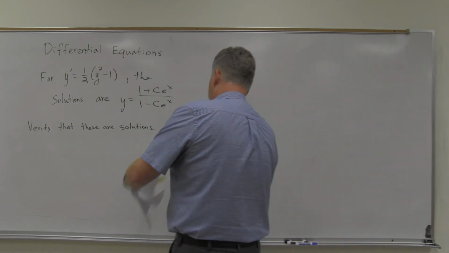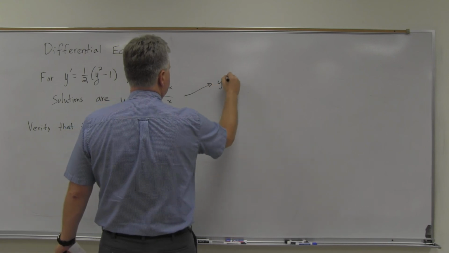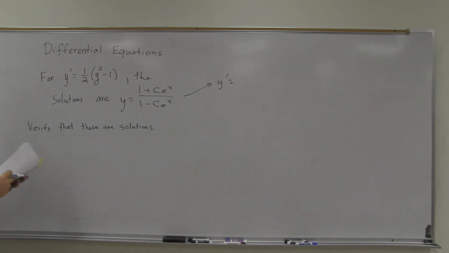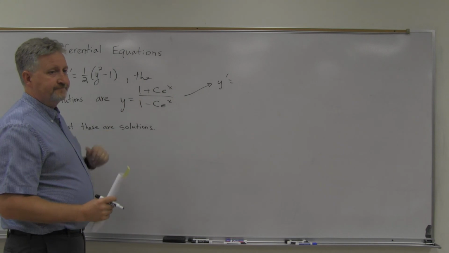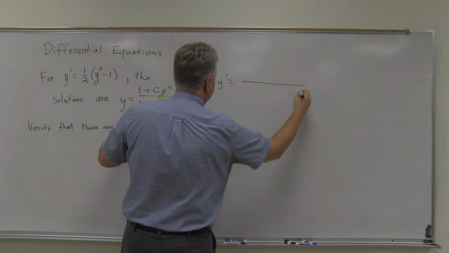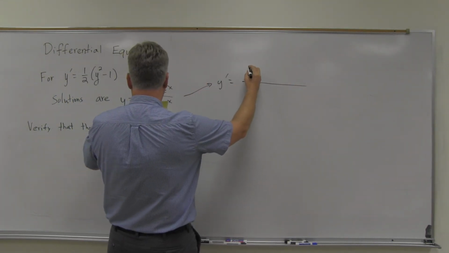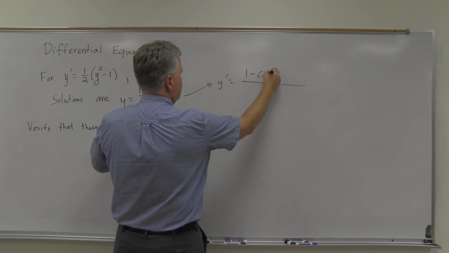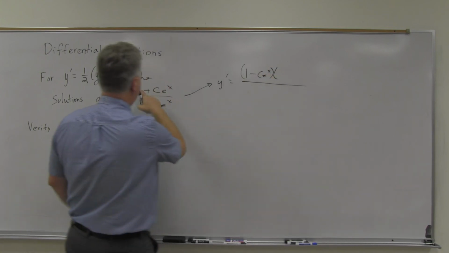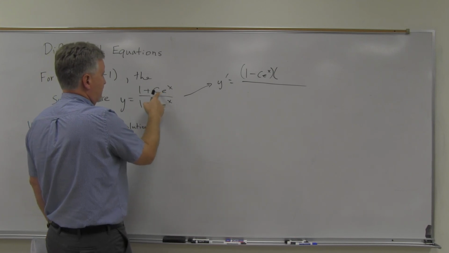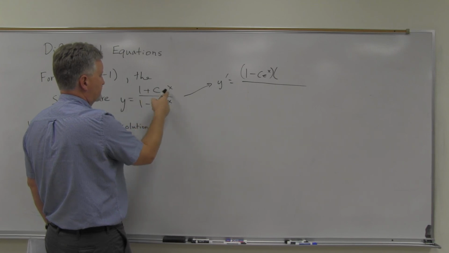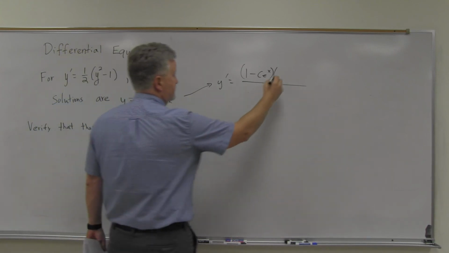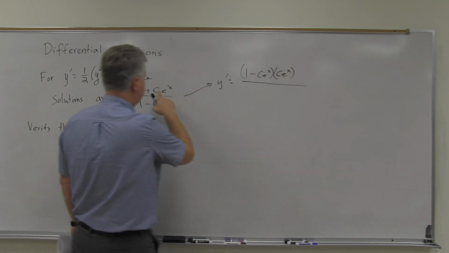So what's my first derivative for these solutions? Well, that's a little complicated, but that's okay. It's the quotient rule, isn't it? Low d high minus high d low. So 1 minus c e to the x times the derivative of the top. 1 is a constant, so that's 0, but c is a constant, so that's just c e to the x.